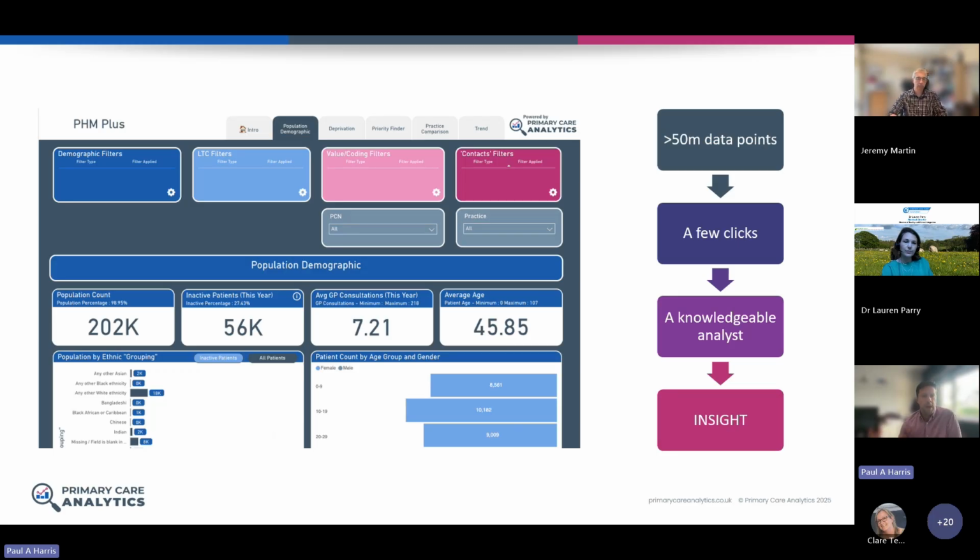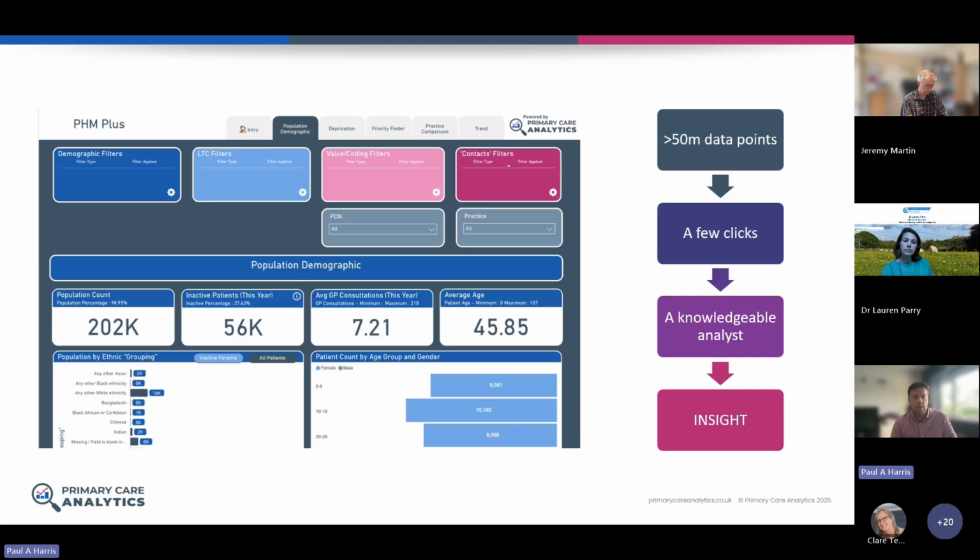What we find is if you pair this tool with a really experienced analyst who understands primary care data, has familiarity with the data sets, and is able to work with your teams in their meetings on the fly, this becomes a really powerful tool able to help drive population health and risk stratification locally.